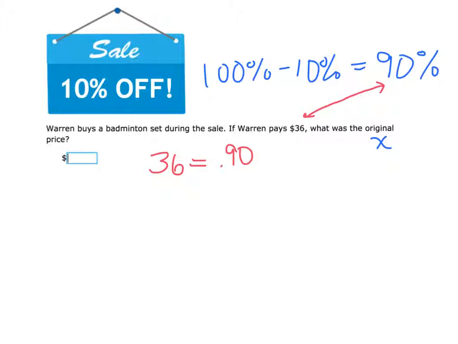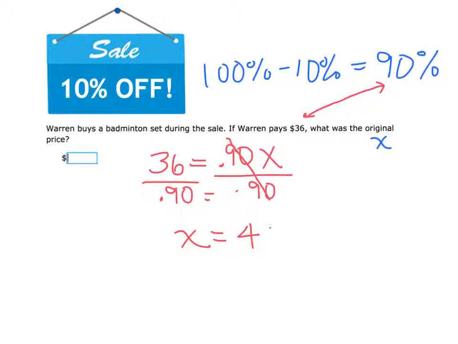The 0 is unnecessary, but I like to include it because when I write 0.90, that seems to reinforce that I'm talking about 90%. Although that 0 is not necessary. It's not wrong, it's just not necessary. Times x. So again, just as we've done, we divide by 0.9, and it turns out that when I do this, this cancels out, and the original price was $40.